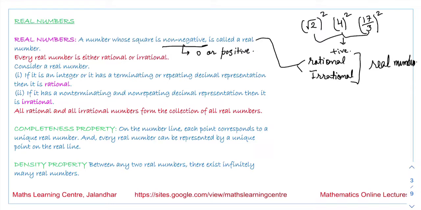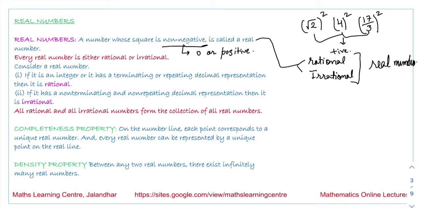If we are talking about integers, natural numbers, whole numbers, whatever we have studied till now, all those numbers are real numbers. What are the other kinds of numbers? They are called complex numbers. That is not part of your syllabus, so we are restricting ourselves here to the collection of real numbers.